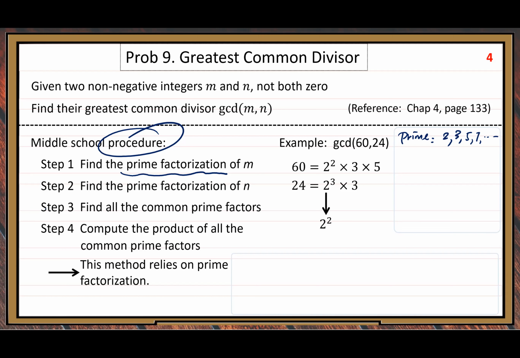From 2 squared and 2 cubed, the largest common factor as a power of 2 is 2 squared. For 3 and 3, just 3. Then we do multiplication, we get 12. So the answer is 12. That's the middle school procedure.